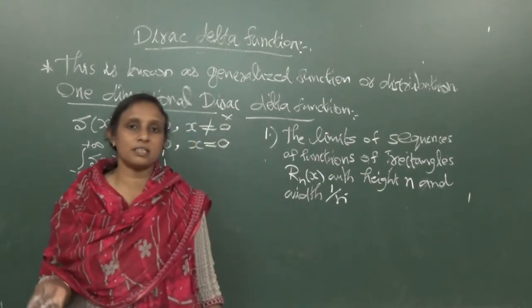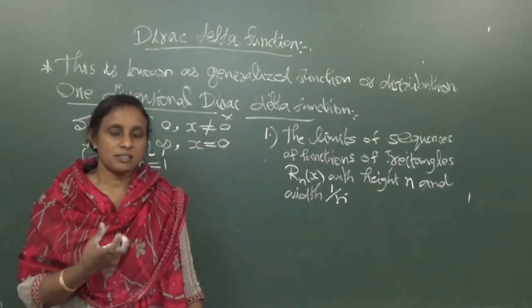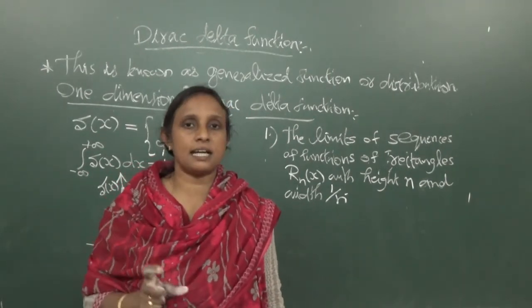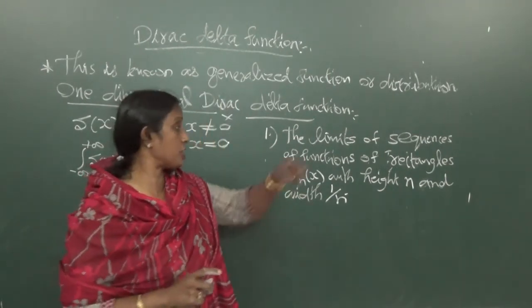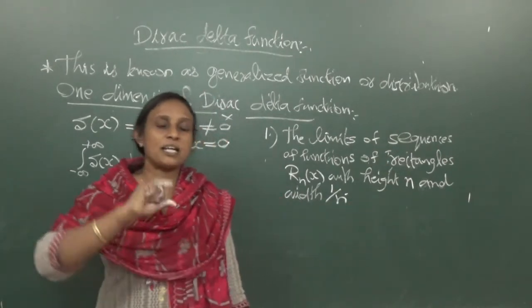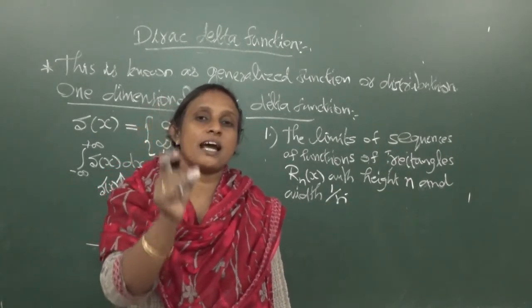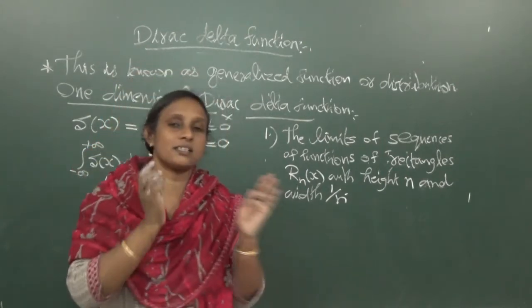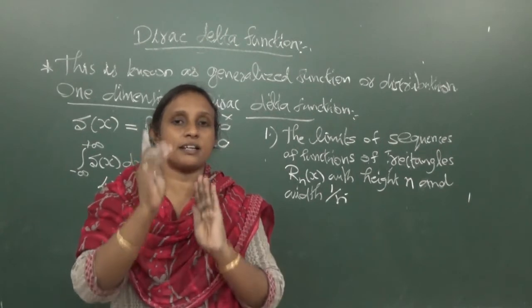Do you get a picture? That means the rectangles have height n and corresponding width 1 by n. Ultimately, as n tends to infinity, the sequence converges to the Dirac delta function.